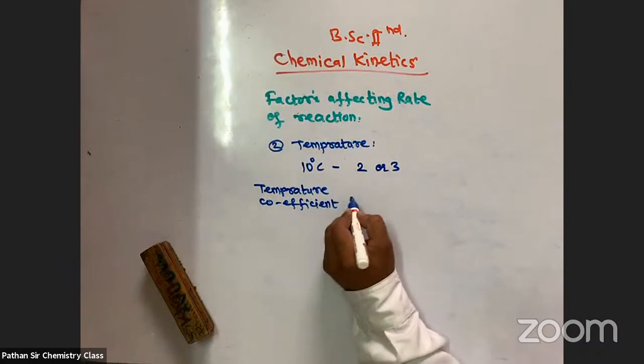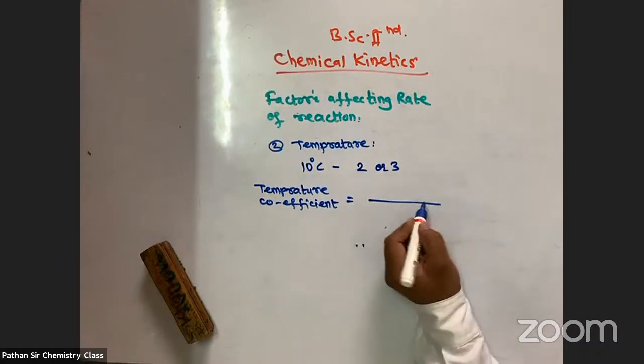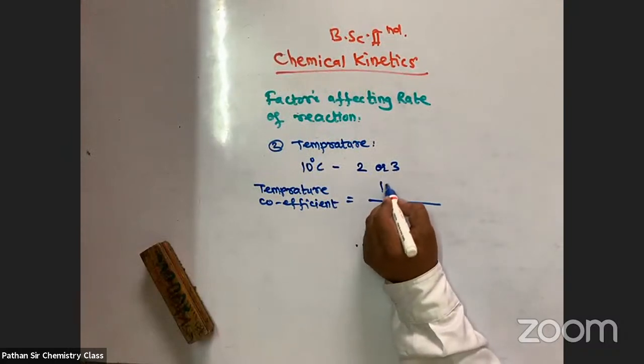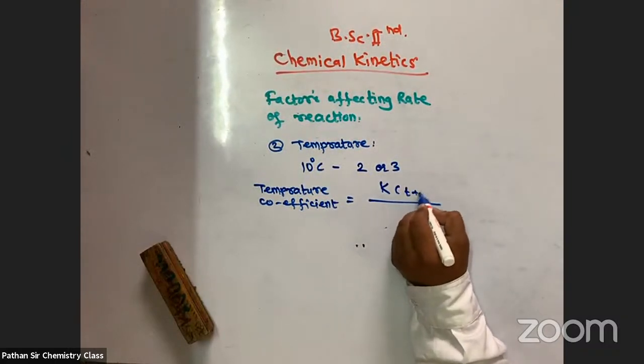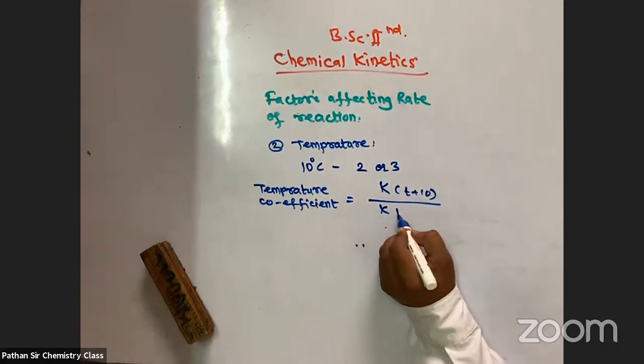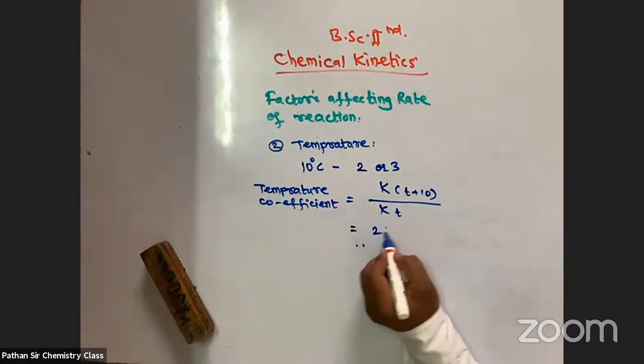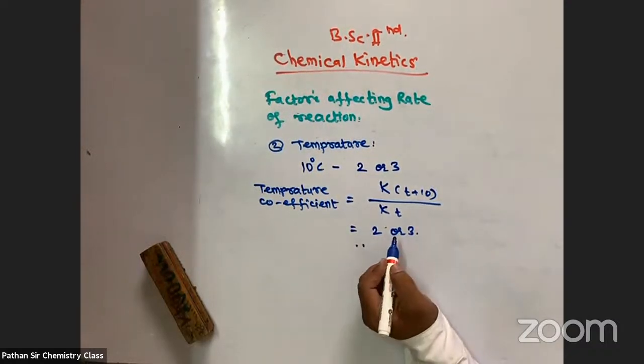Here we take the ratio of the rate constants. Rate constant at a higher temperature divided by rate constant at lower temperature, their ratio equals 2 or 3 sometimes.